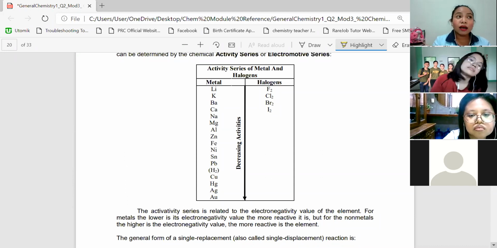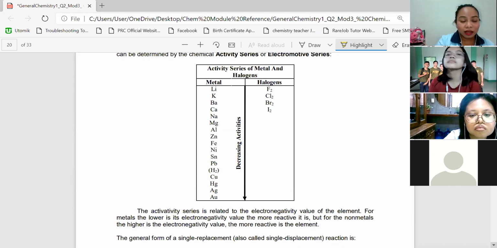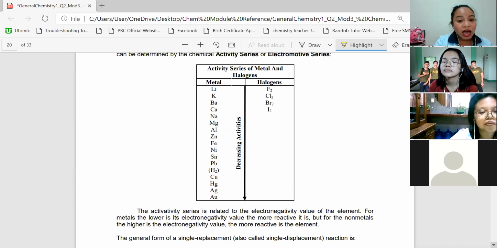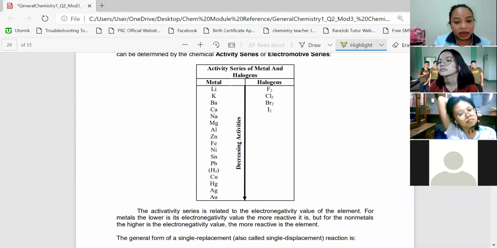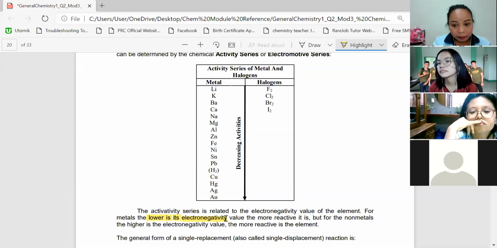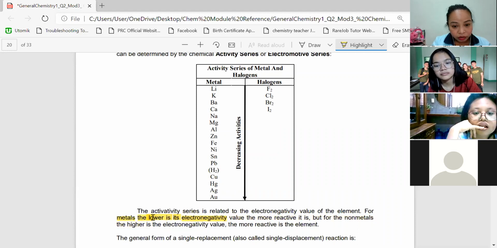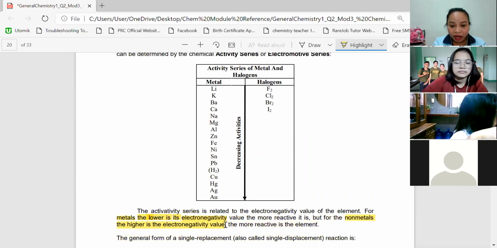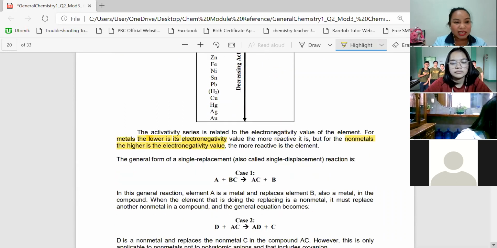Again, kung ang metal mo puli sa another metal, dapat ubos ang iyahang lower electronegativity value pag metal. Pag non-metal, it should have a higher electronegativity value, meaning mas taas ang iyang ability to attract electrons.